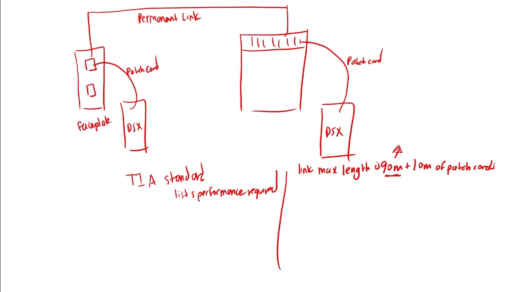So there's a minimum insertion loss. There's a maximum. And then there's also NEXT, or near-end crosstalk. And if the NEXT is too high, you should probably re-terminate the jack.